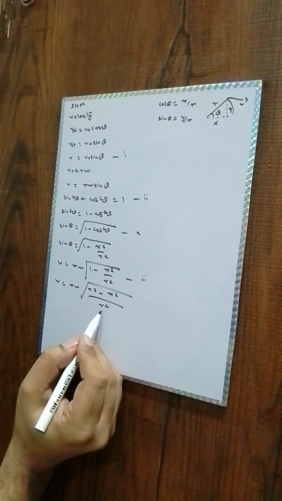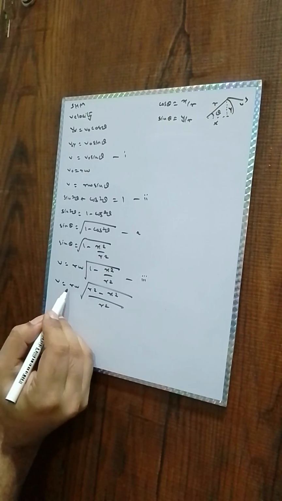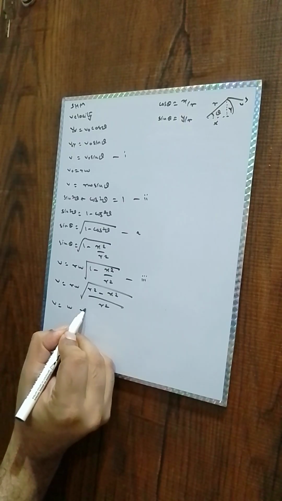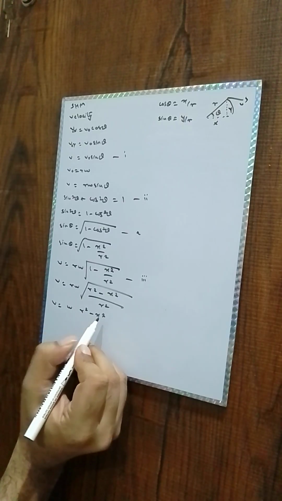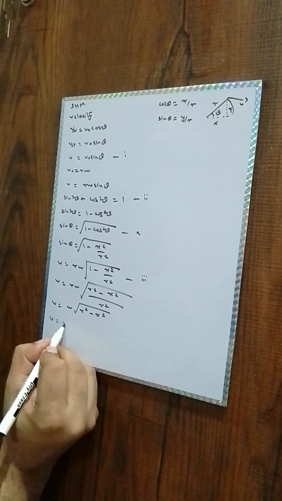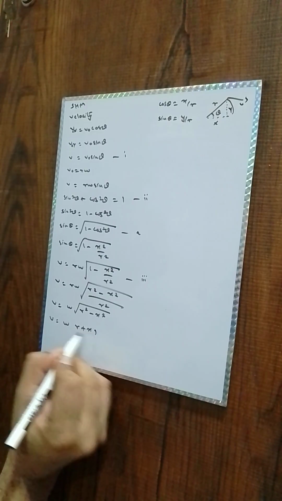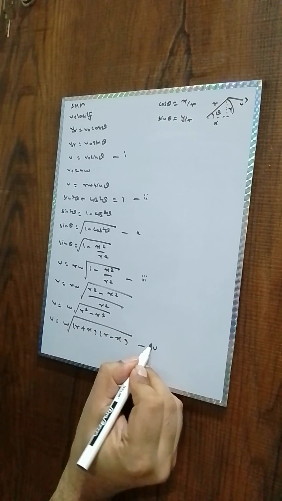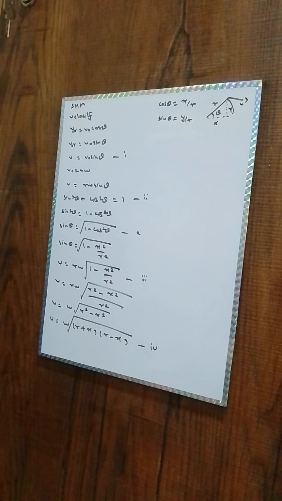R comes out of the root and gets cancelled out with the r outside, so v is equal to omega into the root of r square minus x square, and v is very much equal to omega into the root of r plus x into r minus x. Yes, this is from mathematics. R is the radius, x is the displacement, omega is the angular velocity, and v is the linear velocity.